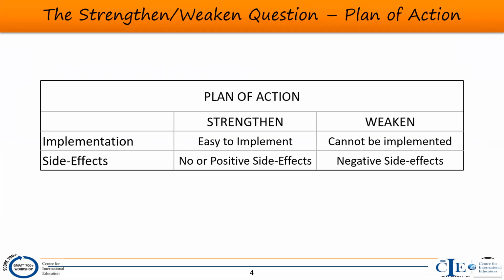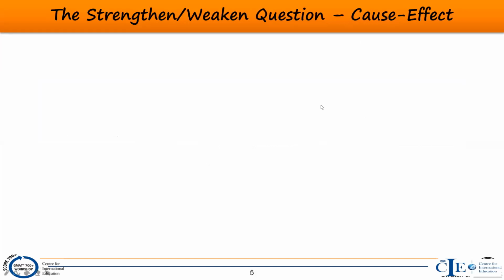And if you prove that the plan has no side effects, or it has positive side effects, then it also strengthens. If you prove that the plan of action has negative side effects or drawbacks, then it weakens it. Or if you can prove that the public is not supportive of it, or it cannot be implemented, then it also weakens that plan of action.